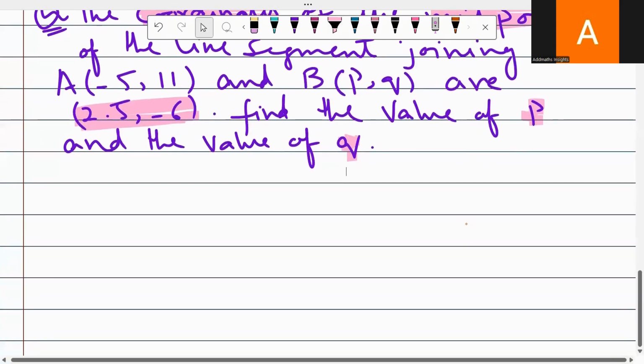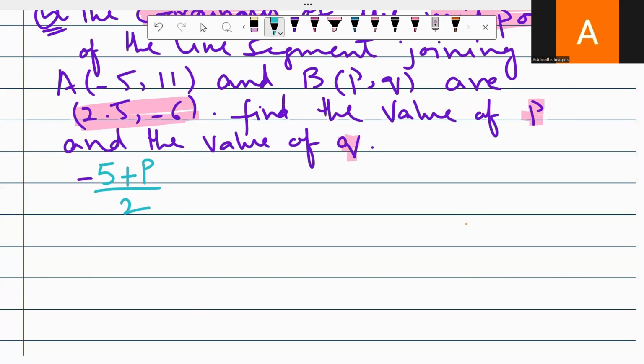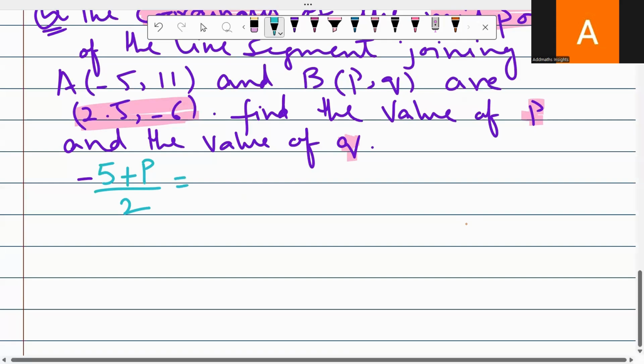So first, how can you find the x coordinate? You will write -5 plus p over 2. This is the x coordinate of the midpoint by using the formula x1 plus x2 over 2, and the given value of this is 2.5.